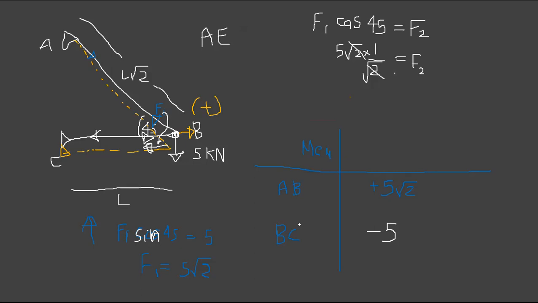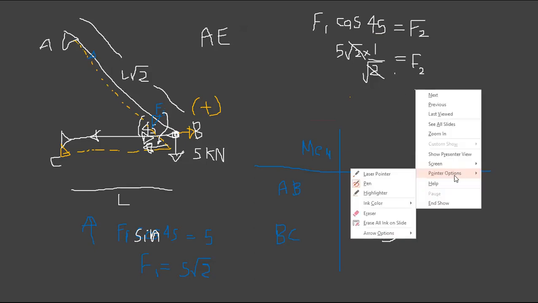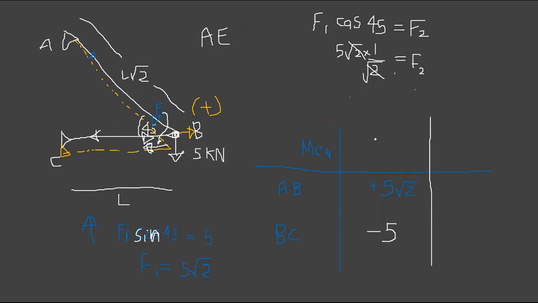So now we know the member forces, and the respective lengths also can be taken like this. So the deflections also, right? These are the actual member forces and the deflections.